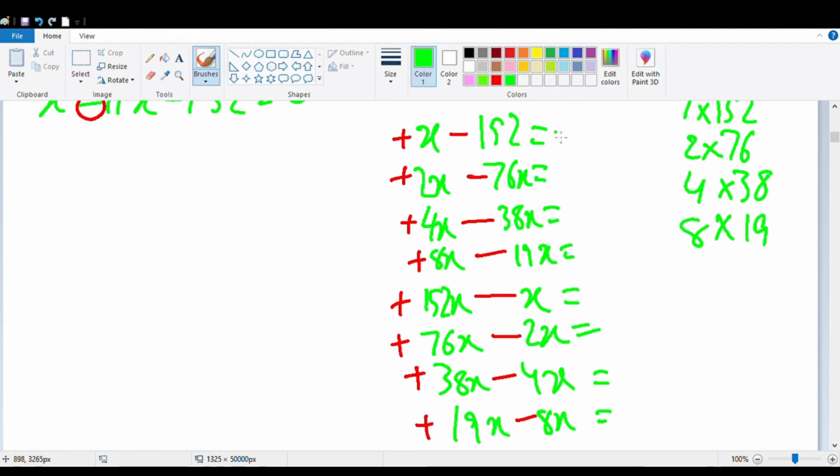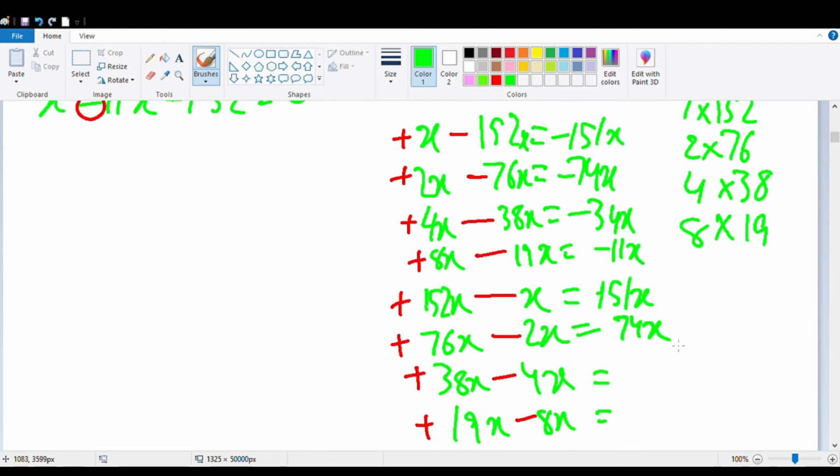So we get negative 151x, negative 74x, negative 34x, negative 11x, positive 151x, positive 74x, positive 34x, and positive 11x.